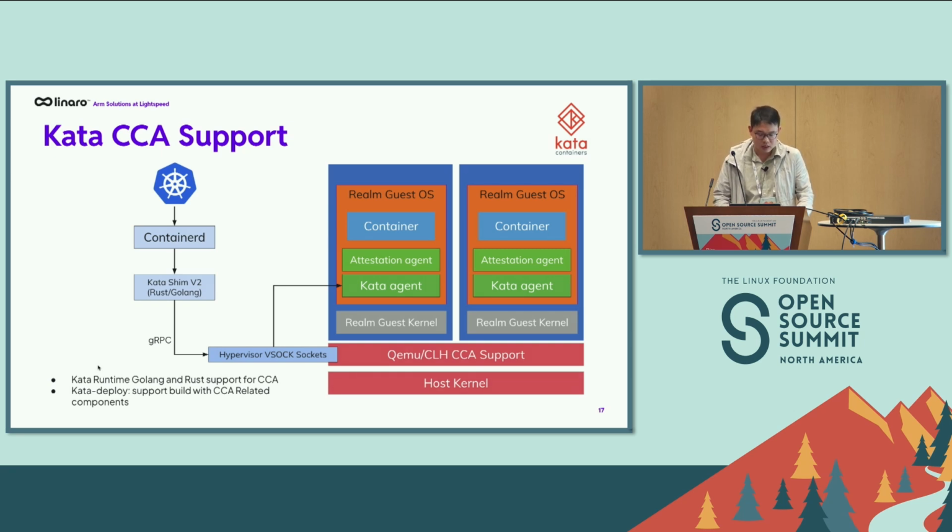We call it the attestation agent, which is proposed by the Cocoa community. This part also needs to include the CCA support, which has already been done. From the deployment part, we are using kata-deploy to deploy a whole cluster, which makes deployment easier. We have also supported building the different components, with a workflow to support Kata CCA.